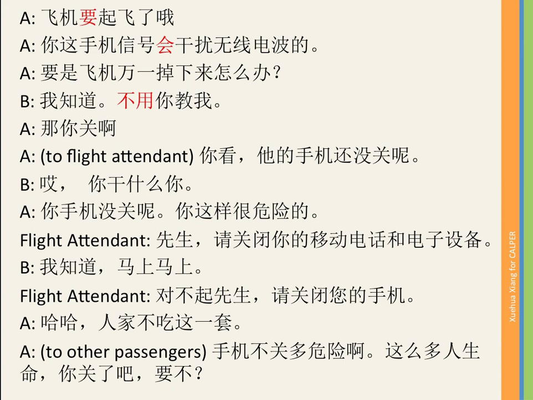And then he turns back and tells other passengers, 手机不关多危险啊. If you don't turn off your cell phone, it's so dangerous. 这么多人生命, so many people's lives. And then he goes back to the businessman, 你关了吧要不? Like a gentle suggestion, how about you just turn it off, okay?